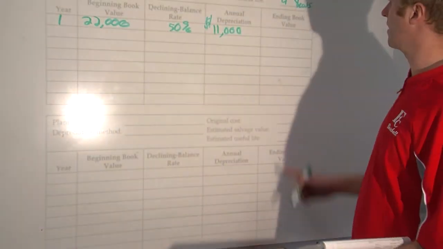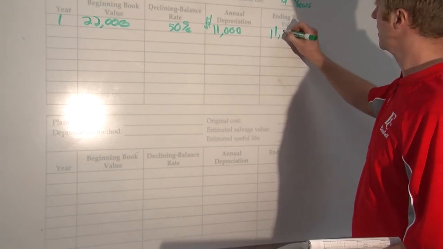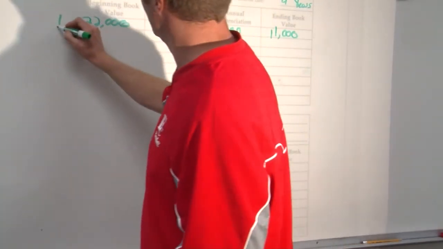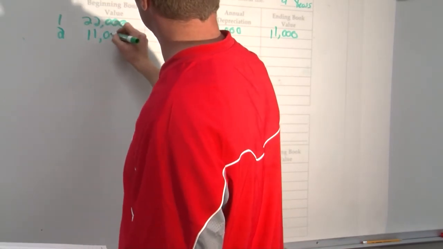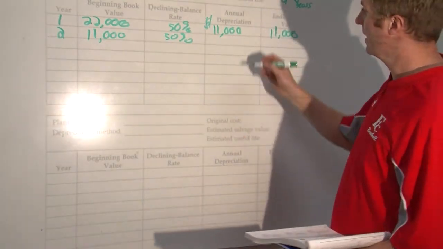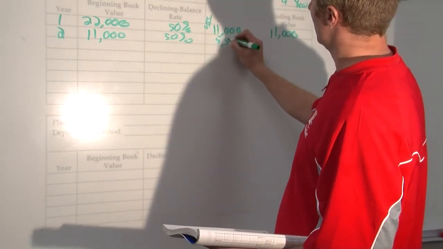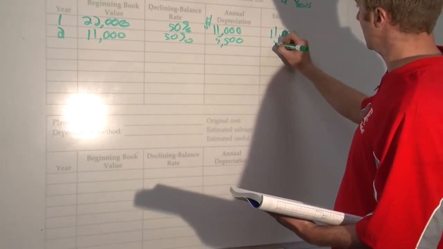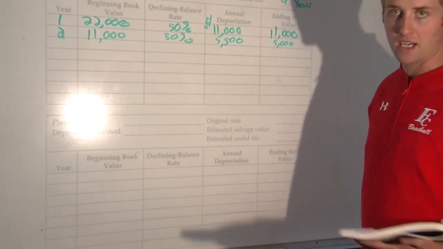We write $11,000 off. Our ending book value is $11,000. Okay, year 2, 50%. So 5,500. Ending book value is 5,500. We're just cutting it in half every year.